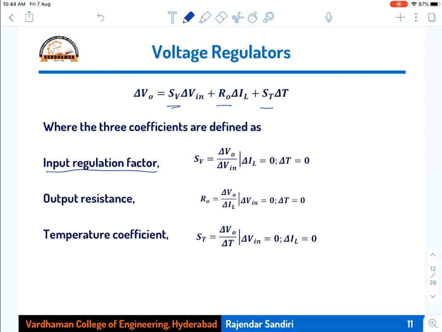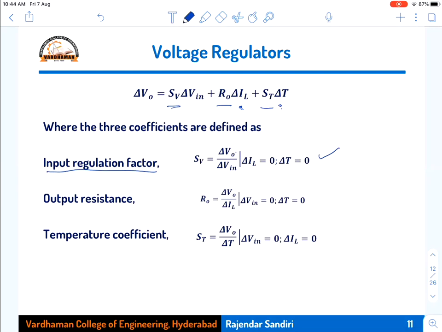If you make the remaining two parameters zero, that means we are only seeing the variation in the input voltage, not the load current and the temperature. Then SV is equal to delta V naught by delta V in, when delta IL is equal to 0 and delta T is equal to 0, assuming that current is not changing and the temperature is not changing. Then we can write SV is equal to this.